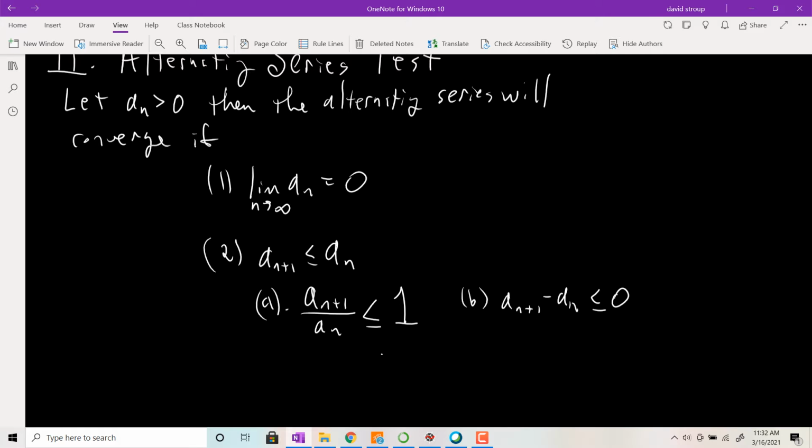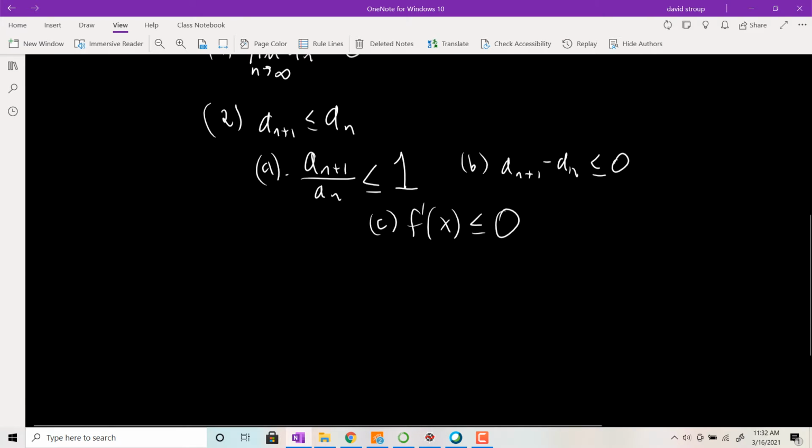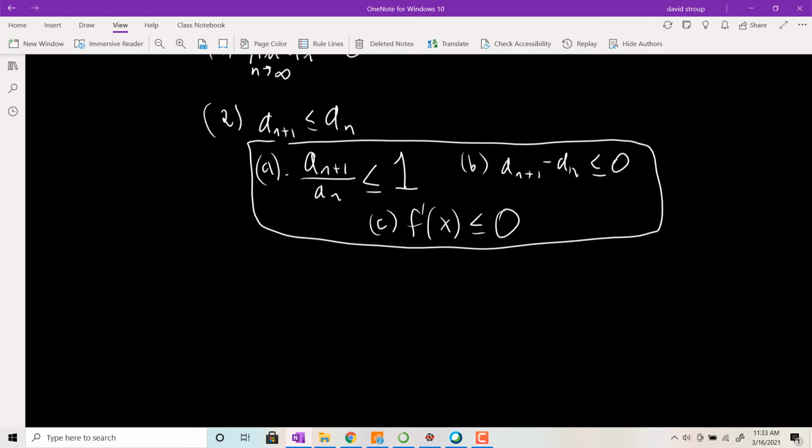And then the third way was the calculus way. Just replace a sub n with f of x and take its derivative and show that was less than or equal to 0. I covered those tests for monotonicity in section 9.1, so you may need to go back and review those.